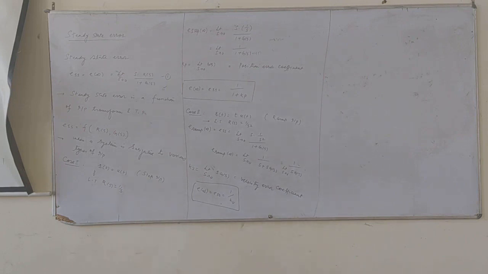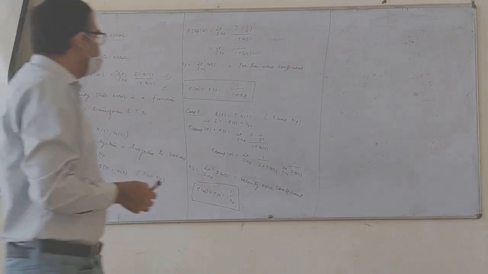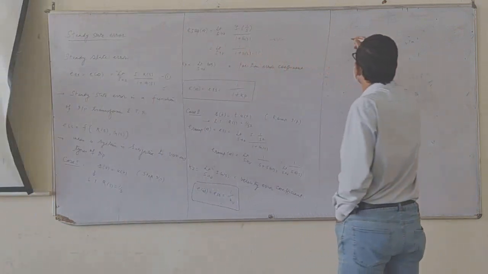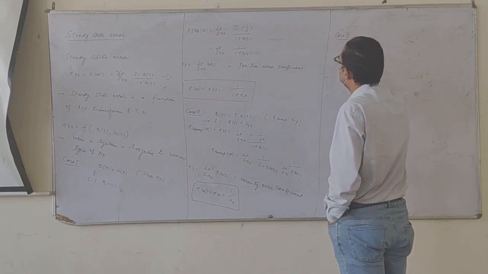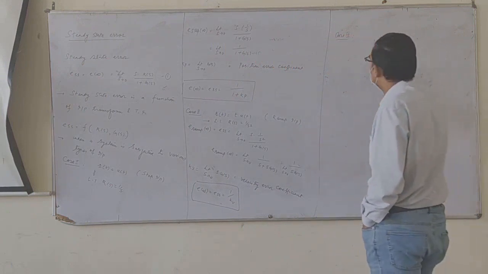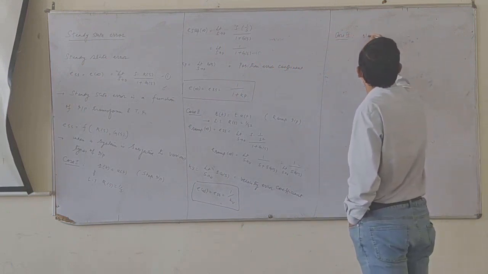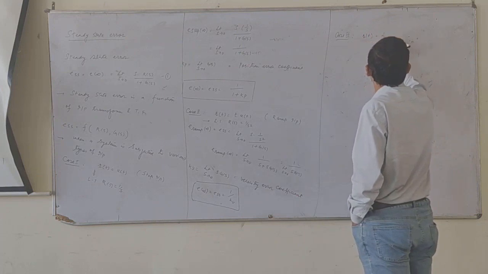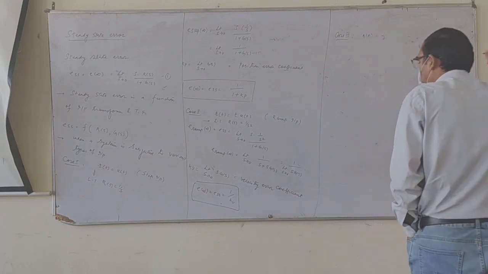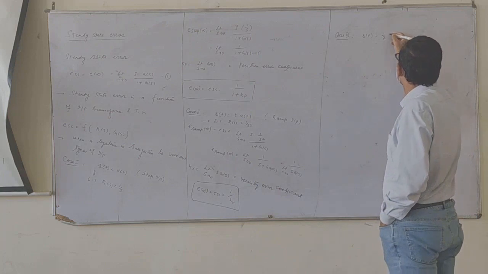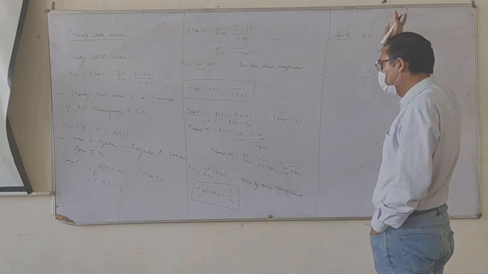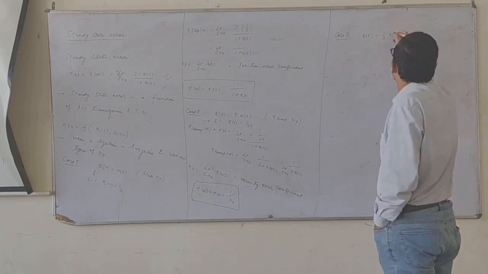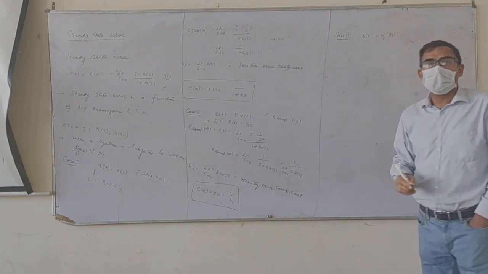Fine. Now let's consider the third case, when r of t is half t square u of t. This is the standard term.